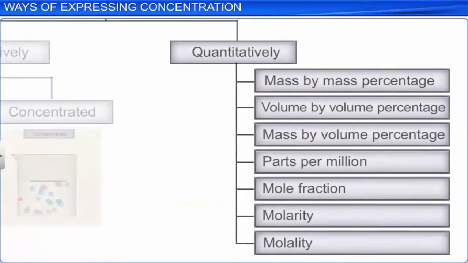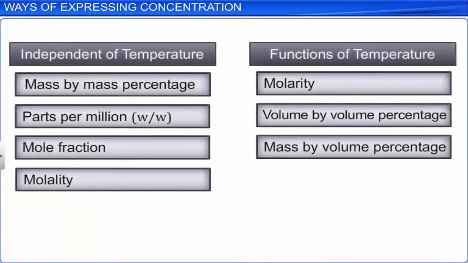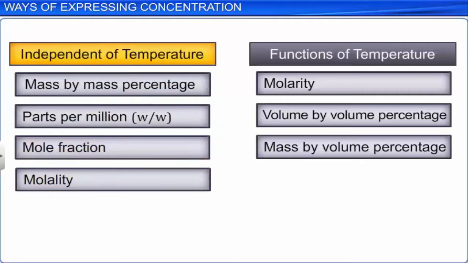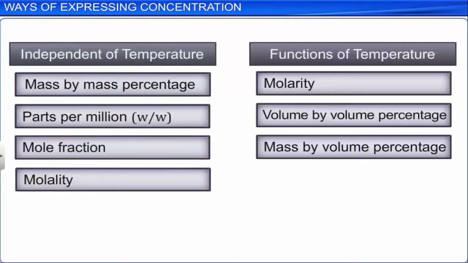Mass by mass percentage, parts per million, mole fraction, and molality are independent of temperature, whereas molarity, volume by volume percentage, and mass by volume percentage are functions of temperature. This is because volume is a temperature-dependent quantity, while mass is independent of temperature.